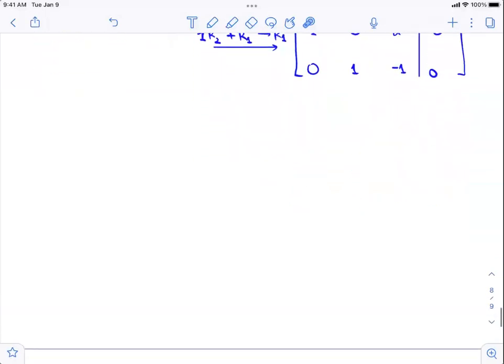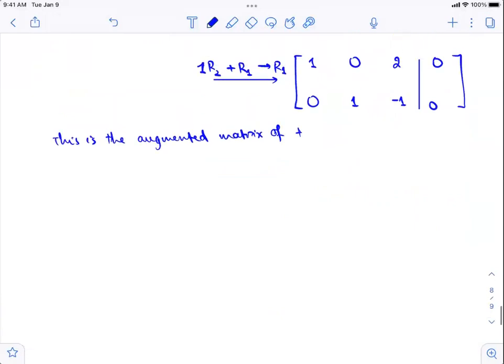So we say that this is the augmented matrix of the system x1 plus 3x2 plus 2x3 equal to 0, and x2 minus x3 equal to 0.